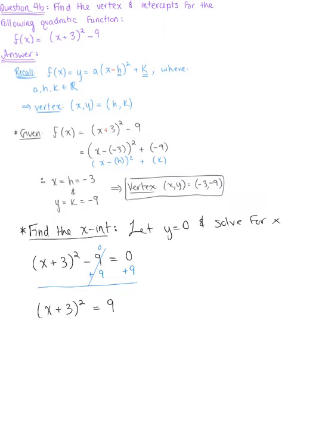If we take the square root of both sides, this is going to leave us with x plus 3, because on the left-hand side the square root and the square cancel each other out. And then since we know 9 is equal to plus or minus 3 squared, the right-hand side leaves us with plus or minus 3.